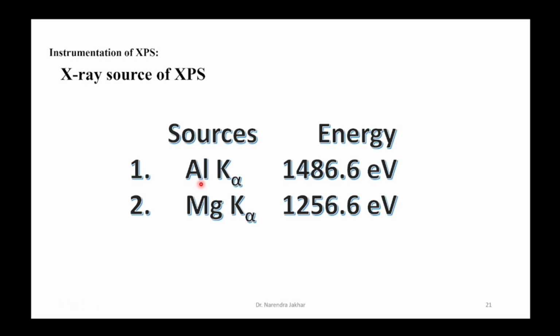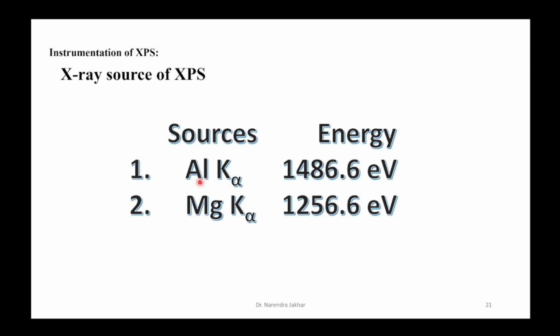If the anode is aluminum metal, it will provide us the K alpha. After monochromatization, the energy of aluminum K alpha is 1486.6 electron volts. And if we use magnesium Mg K alpha, then the energy is 1256.6 electron volts.